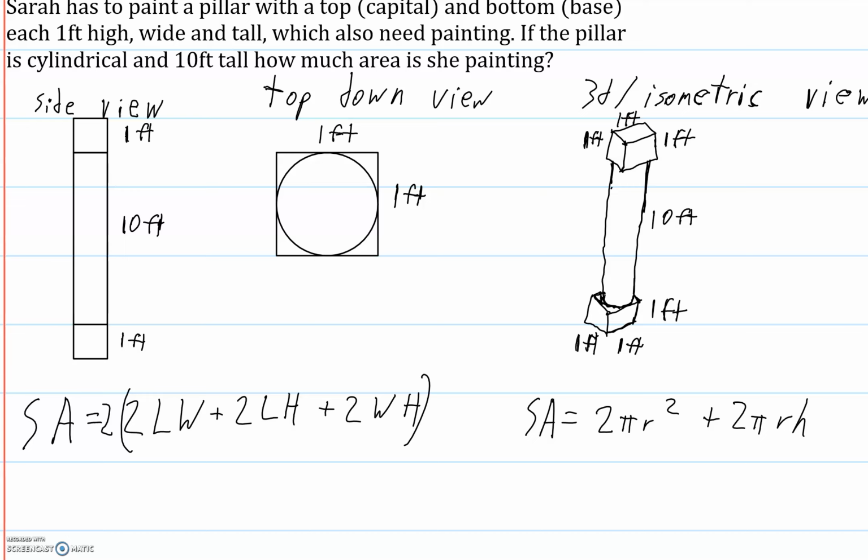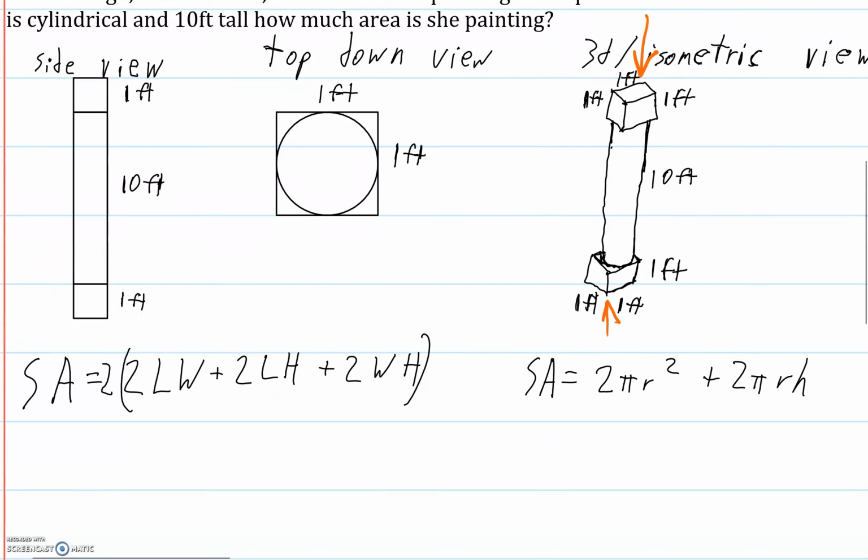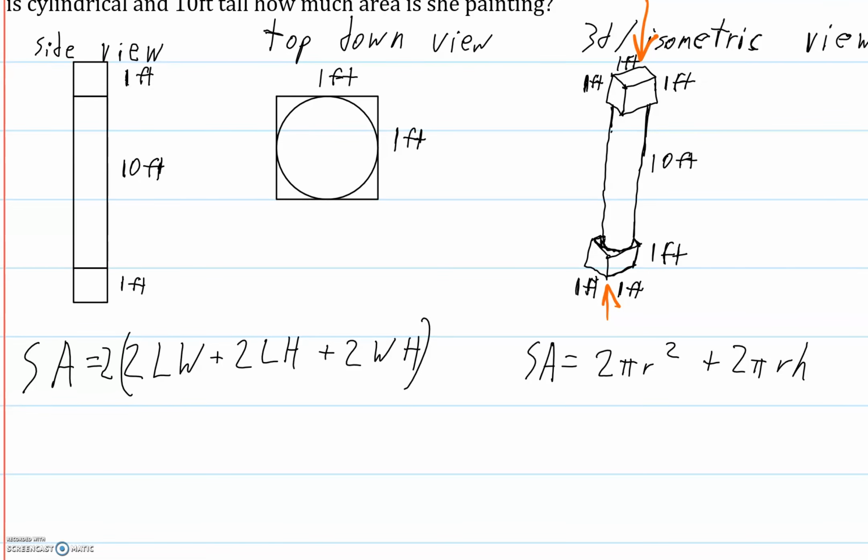First of all, I already mentioned this once, but there's a bottom which is sitting on a floor, so we don't need to paint that, and there's a top which is sitting on the ceiling, which we don't need to paint. So first of all, we can get rid of one of those 2 WHs, just one of them. So we're going to put this whole thing together and start subtracting here.